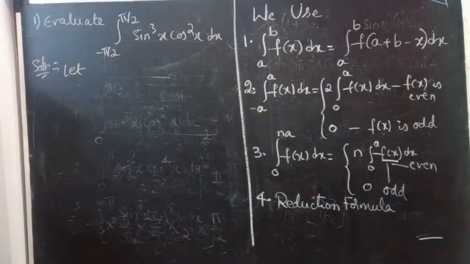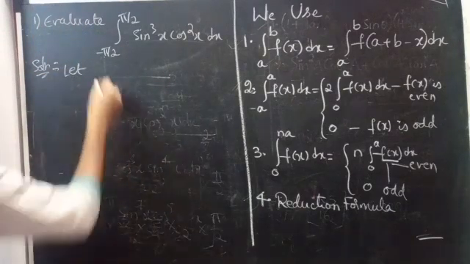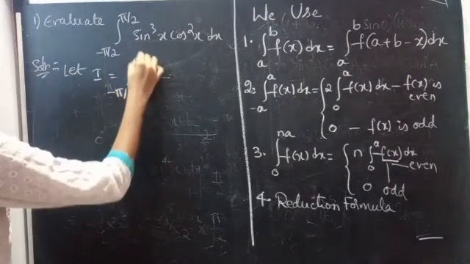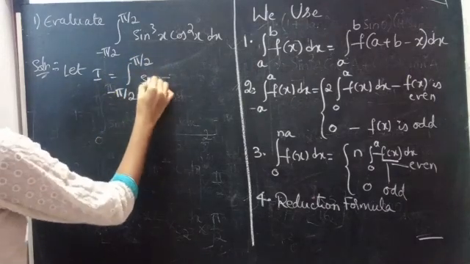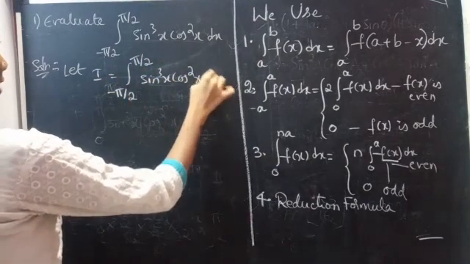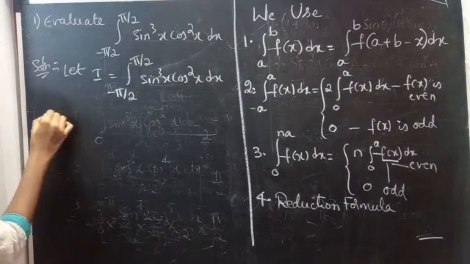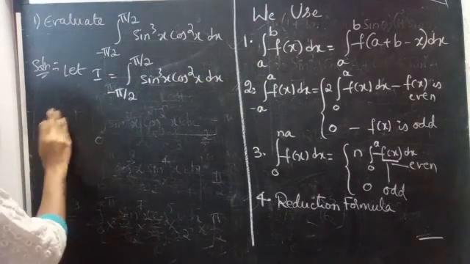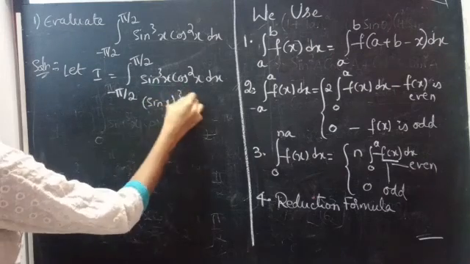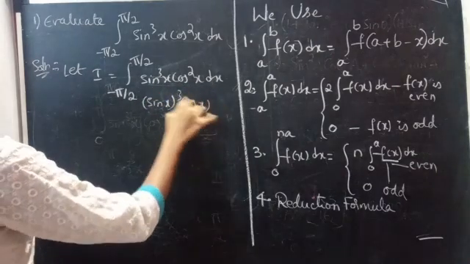Okay. So now let I equal to integral from minus pi by 2 to pi by 2 sin cube x into cos square x dx. This can also be written as sin x whole cube into cos x whole square.